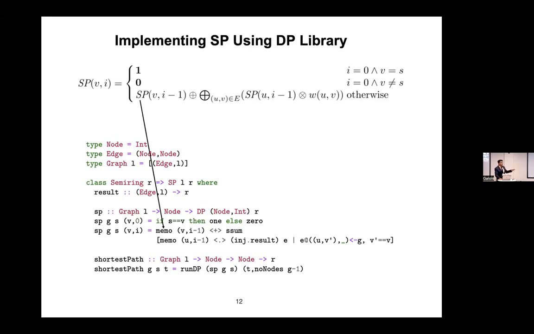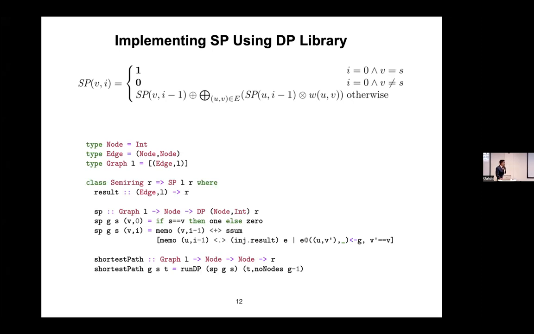Memo is a recursive call that performs the recursive call, but on top of that also performs memoization. And semi-ring addition, as we saw, is angle bracket plus, semi-ring multiplication is angle bracket star. So all I'm trying to show here is once you have the semi-ring recurrence, implementing it in our library is kind of straightforward.